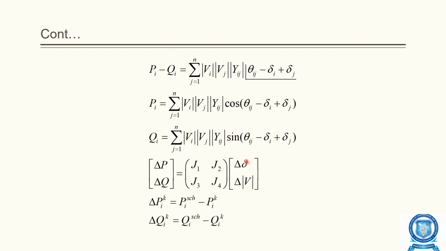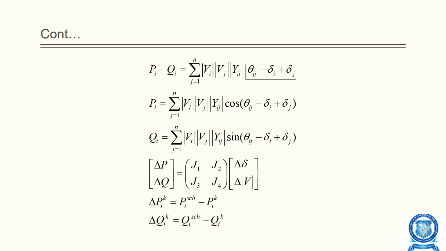So our general expression is delta P, delta Q equal to J1 J2 J3 J4, which is the Jacobian matrix, multiplied by the column matrix of delta del and delta V. Delta Pik is equal to Pi specified minus Pik calculated. Similarly for the Q value.